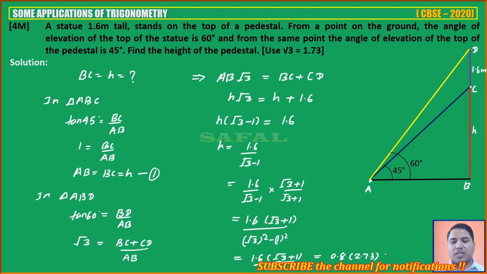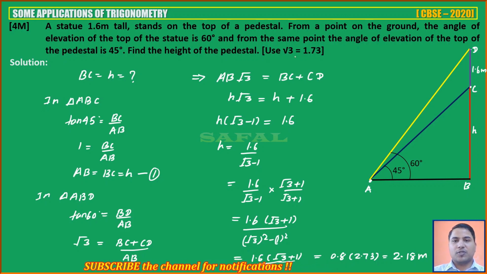On multiplication you will find this is approximately 2.18 meter. So the height of the pedestal, H, is 2.18 meter. That's the answer.